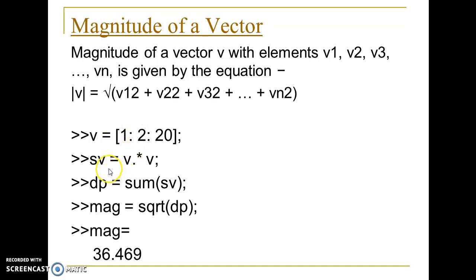Hence, SV gives the square of V, dp gives the sum of SV, which is nearly 1330. Hence, the magnitude is the square root of 1330, which is nothing but 36.469.